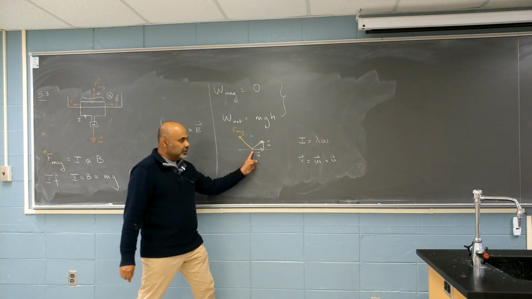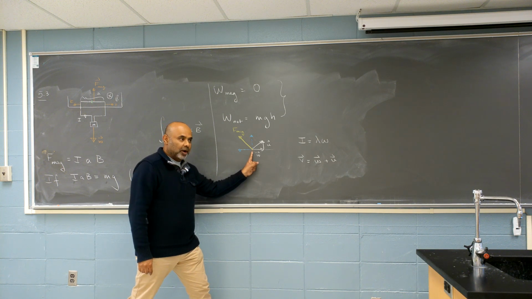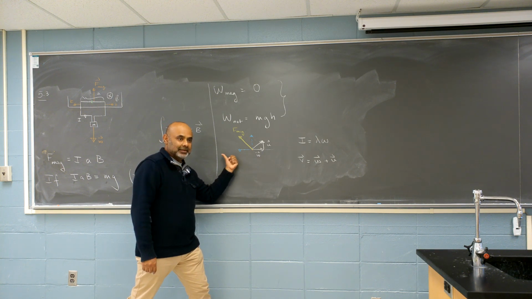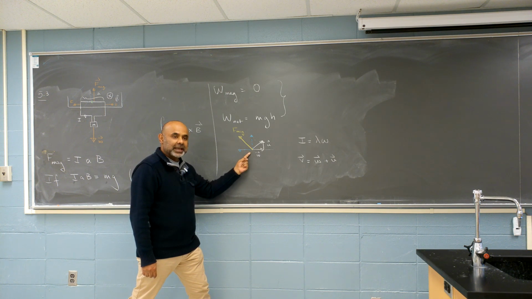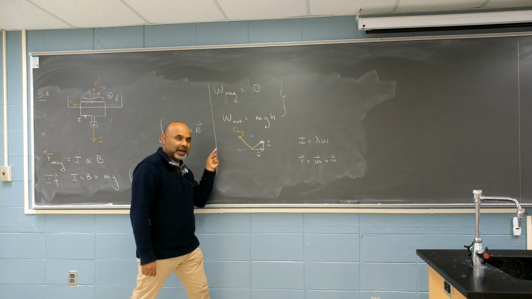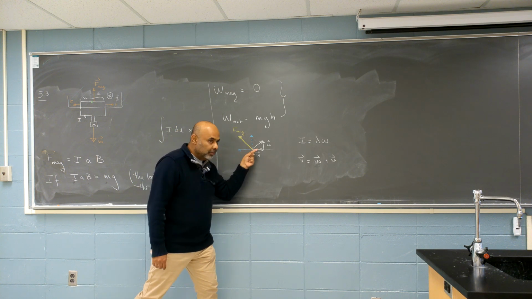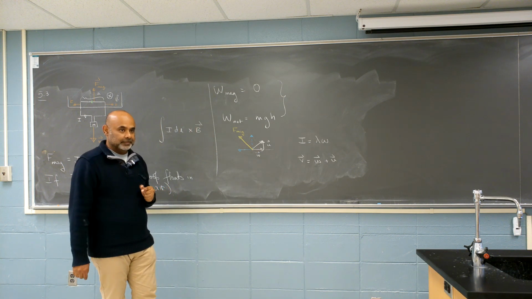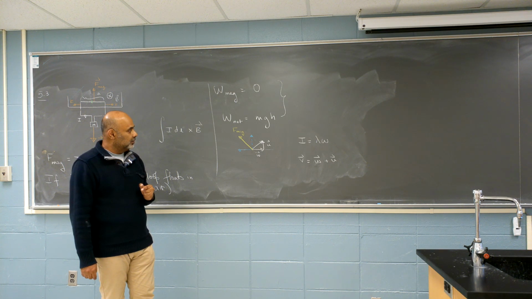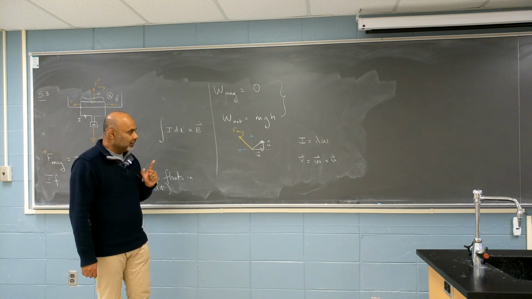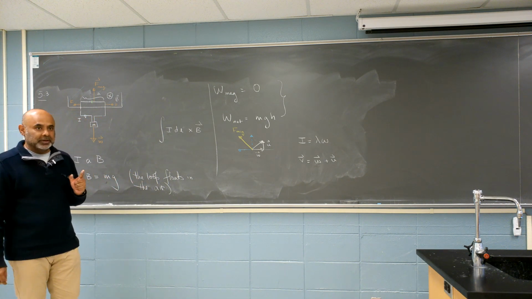But these charges are now being pushed back. So that means to keep a steady current, the battery has to apply an equal but opposite force. And this is always the trick about calculating.